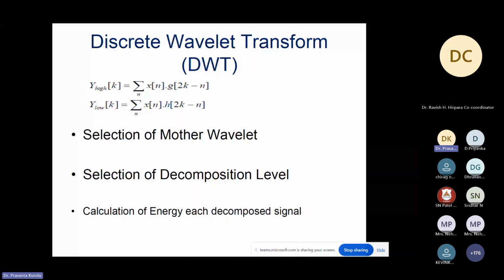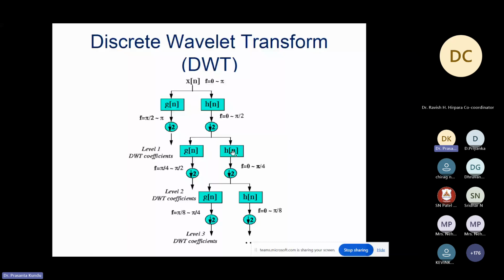So how much energy level we should have. If you are aware of the DWT, you know this is the decomposition. This is the first decomposition, second, third, and like this you will have many decomposition levels. Level 1, level 2, level 3, like this. So many decompositions. How many are you going?